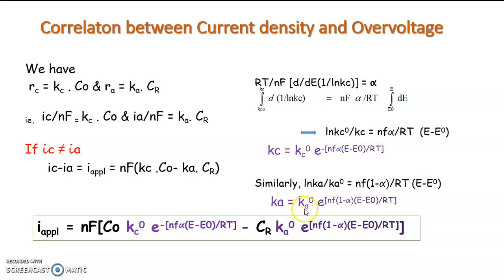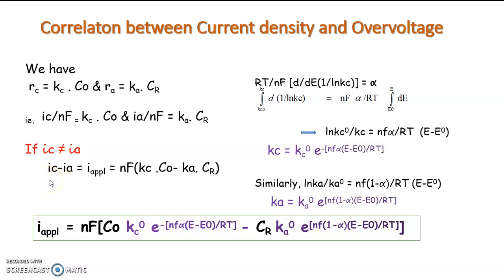So Ka equals Ka0 into e raised to nF into 1 minus alpha into E minus E0 by RT. As I said earlier, if you are familiar with the former lectures, you can follow me easily.